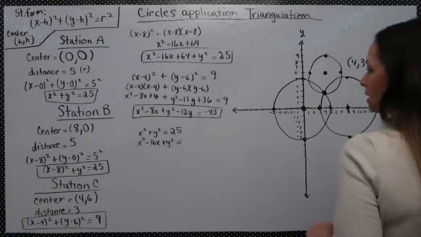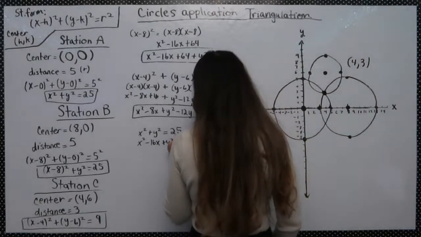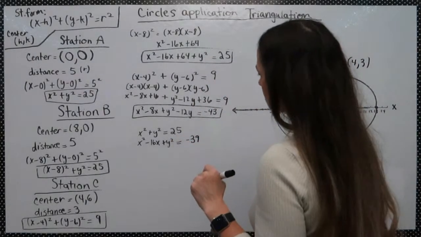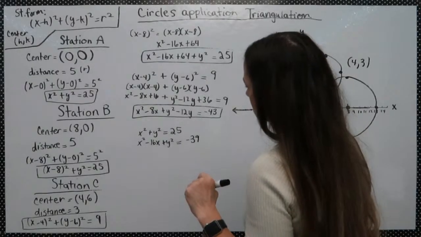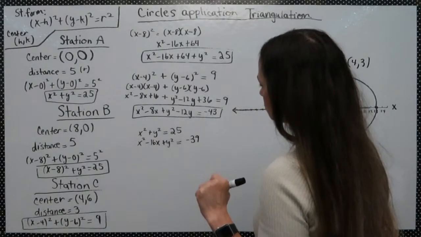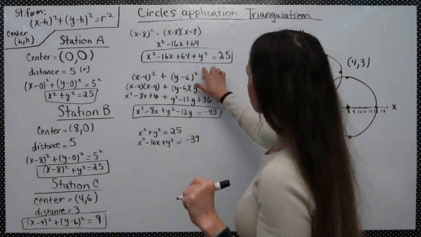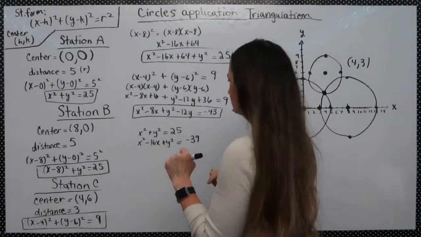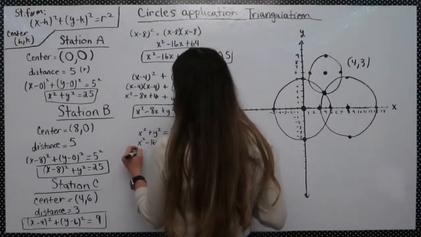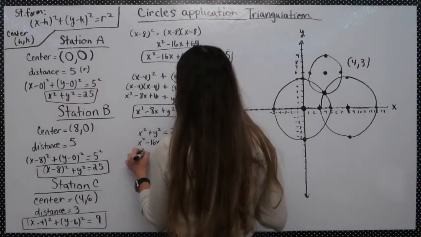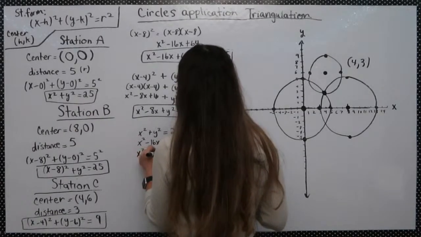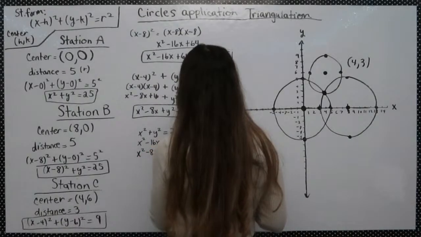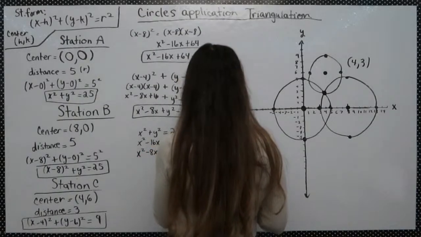That's 39, negative 39. All right. So we've got x² - 16x + y² = -39 for this one. And then that third one is this one here. We've got x² - 8x + y² - 12y = -43.